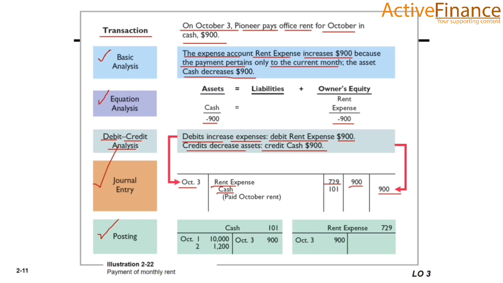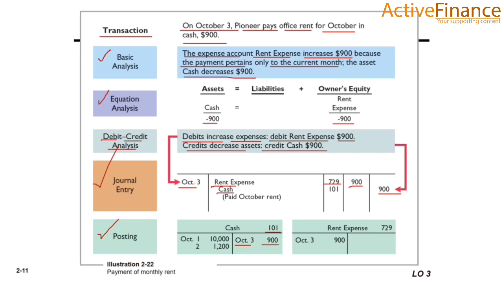So in the cash account, which was established earlier, this is the account number of cash, and here we have debited the account in previous transactions, and now we will credit the amount 900 because the cash is decreased. That's why we will minus this from debits. If the amount is credited, we will minus from the debits.